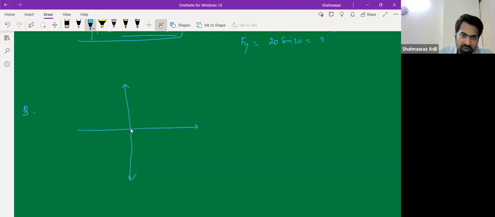So this is 37 degrees. This is 37, right? And this is 10. Okay, and we have this, this is 60 degree, and this is f1, and this is f2, which is 4 Newton.